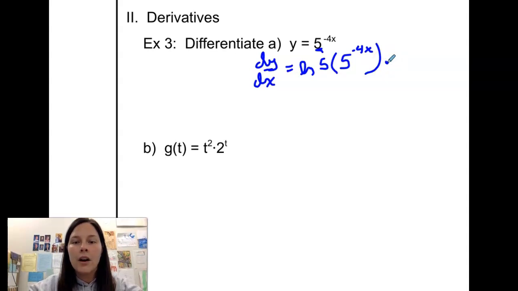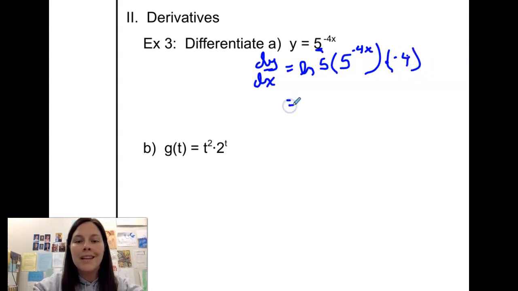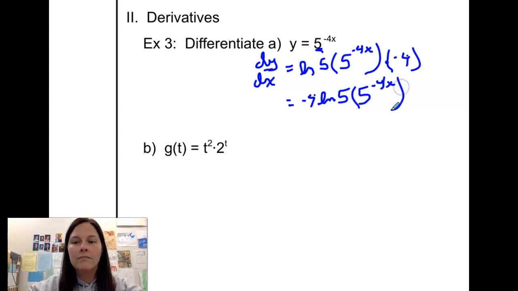So the derivative of negative 4x would be negative 4. And then I would clean that up a little bit. Negative 4 and natural log of 5 are both numbers, so I'm just going to multiply those together. And then we've got our 5 to the negative 4x power.